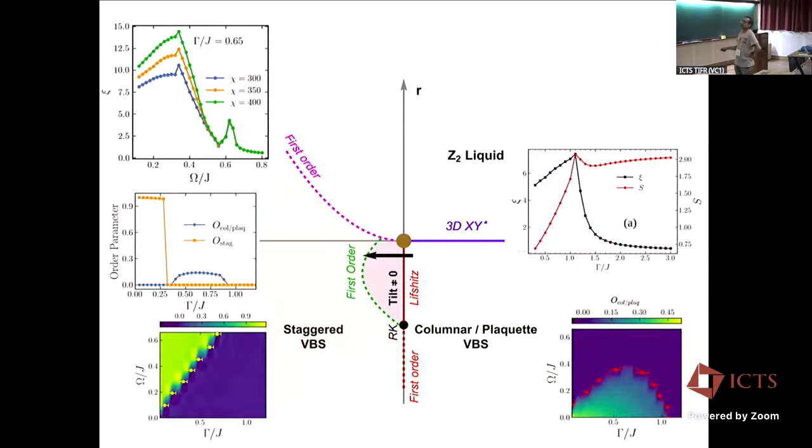And you can find the numerical justification for the one loop RG phase diagram.